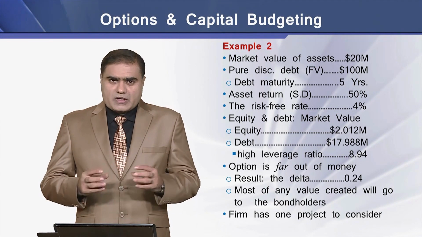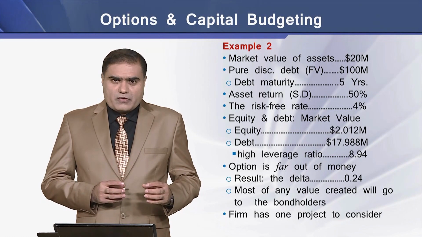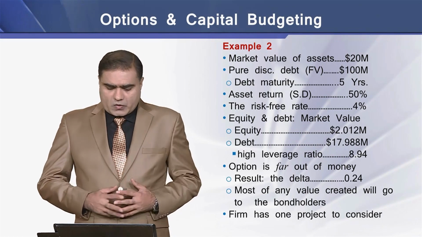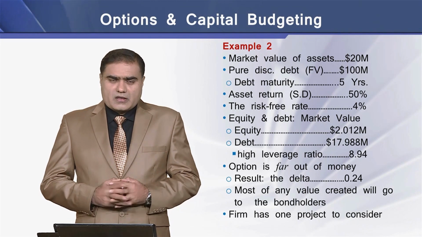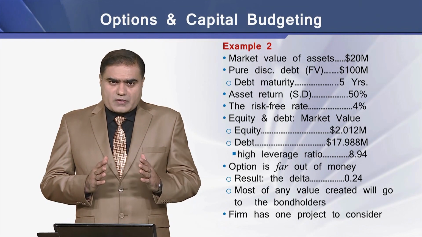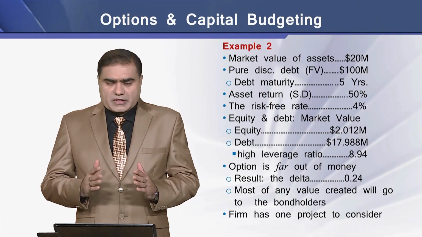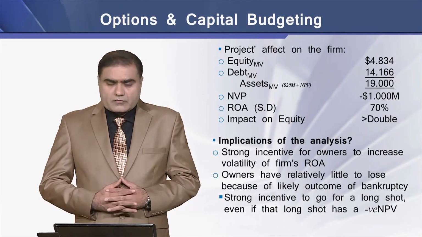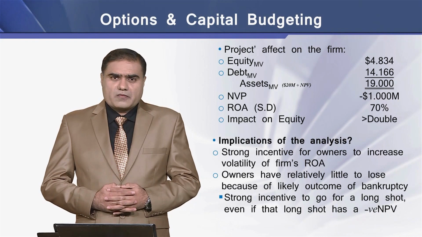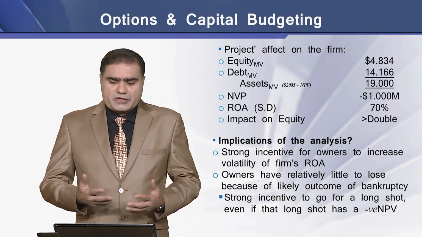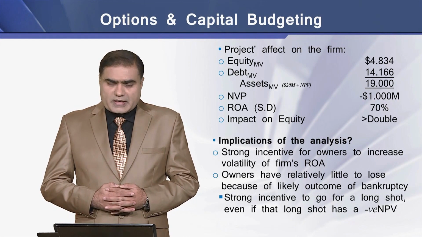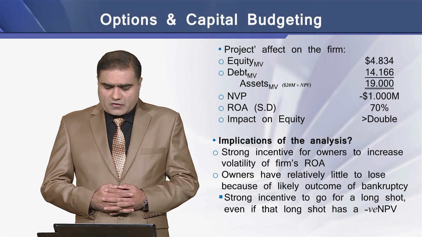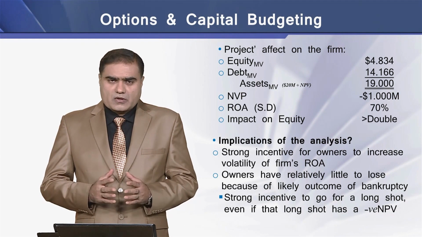most of the value created by the firm will go to the debt holders. This means that the firm now has only one project to consider. And if we see the effect of this project on the firm's balance sheet, the equity of the firm has market value $4.334 million, and the market value of debt of this firm is now $14.166 million.